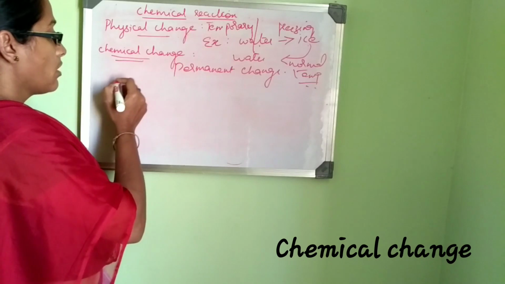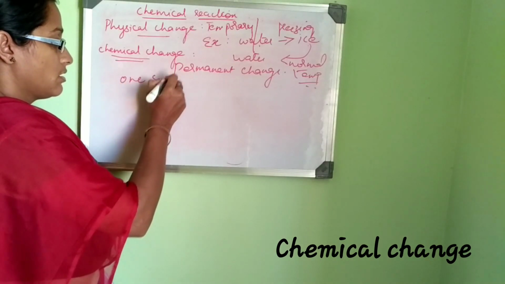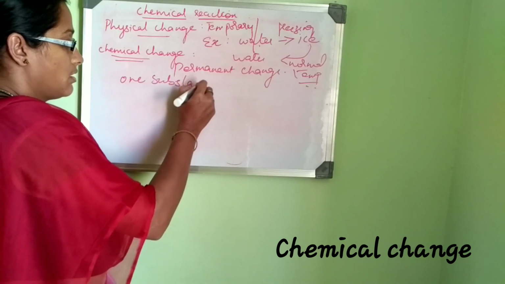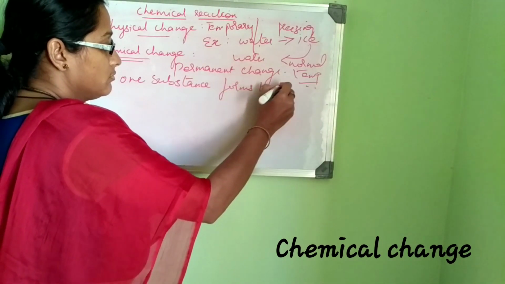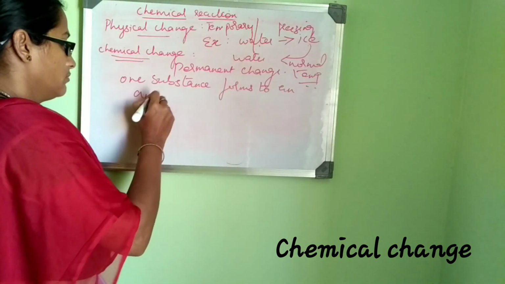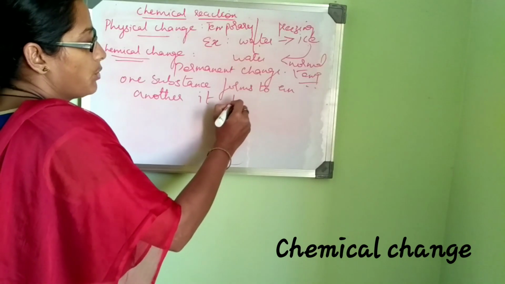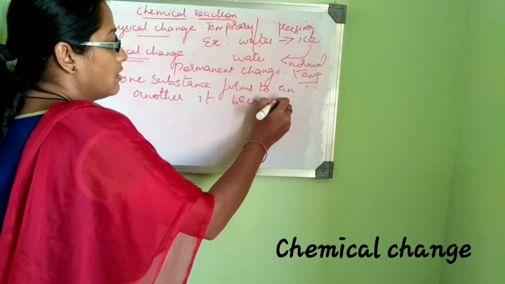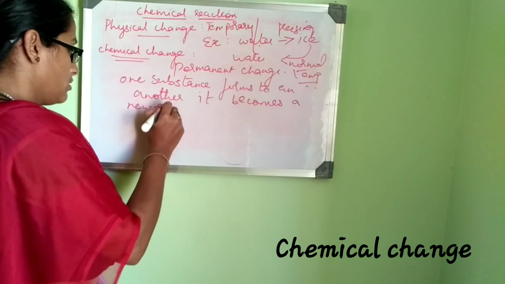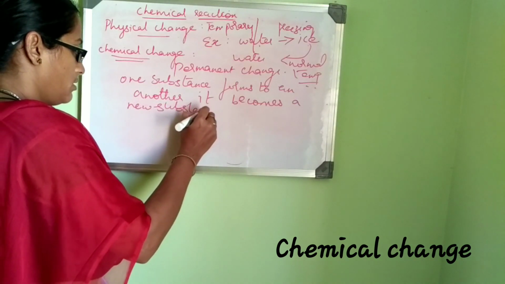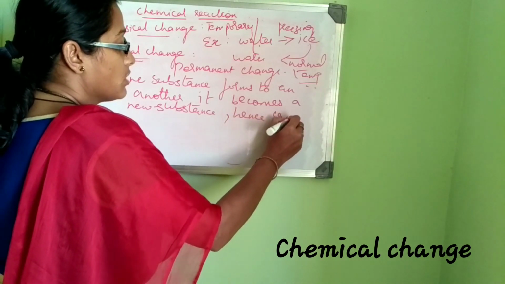Permanent change is a stage when one substance forms another, it becomes a new substance, hence cannot be changed back.